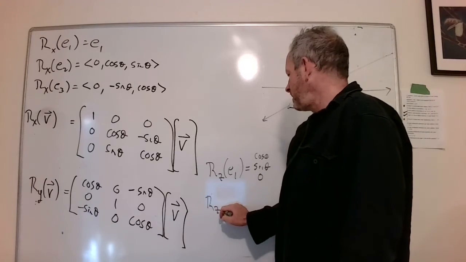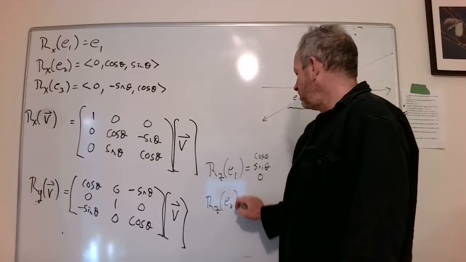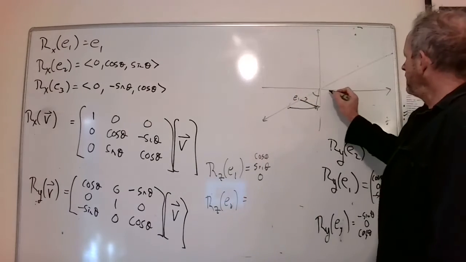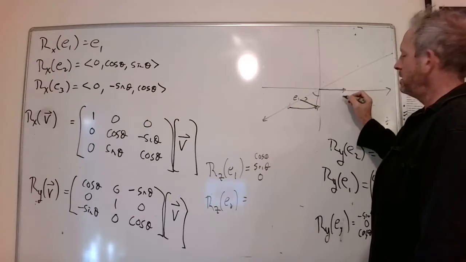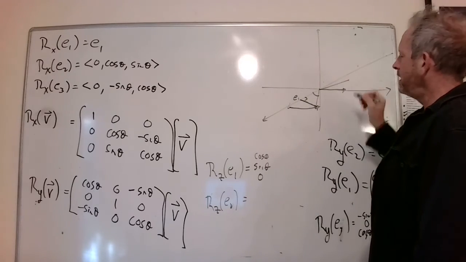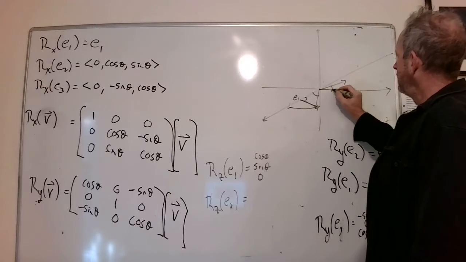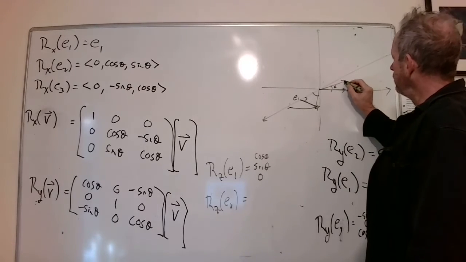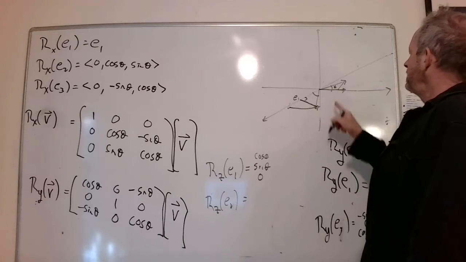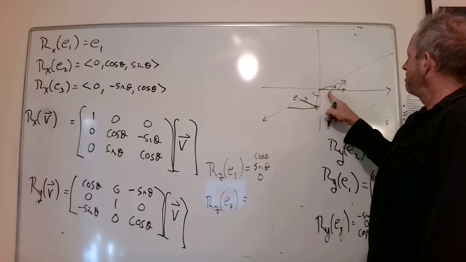And let me go ahead and finish this off here. The rotation about the z-axis of e sub 2. So e sub 2 is here. There's e sub 2. We rotate it in the xy plane right there. There's theta. What's the new, let's see, this is the new y-coordinate.